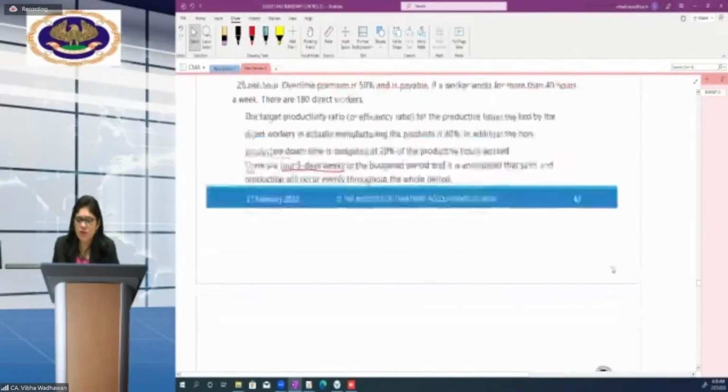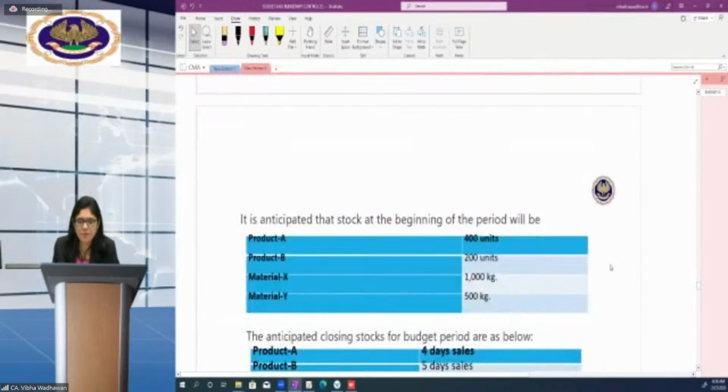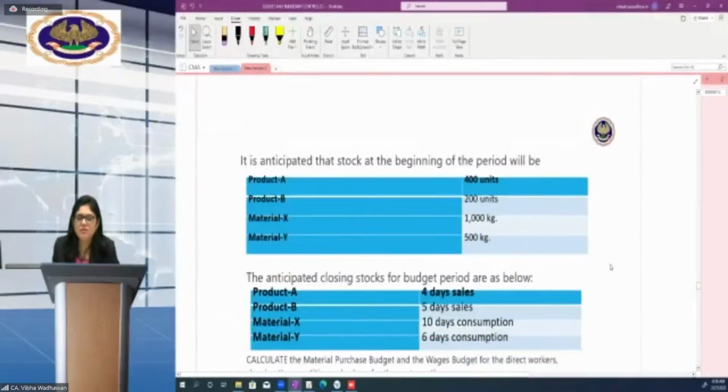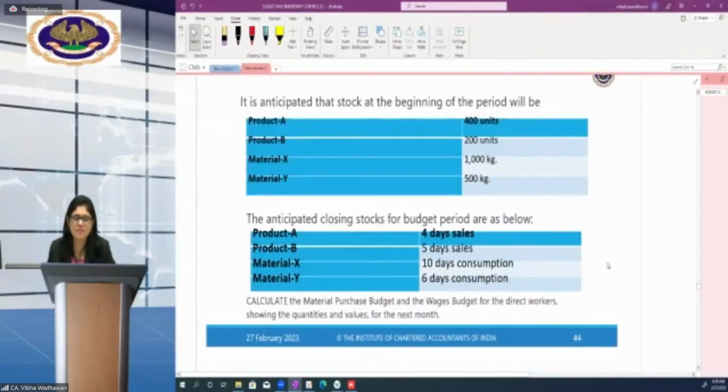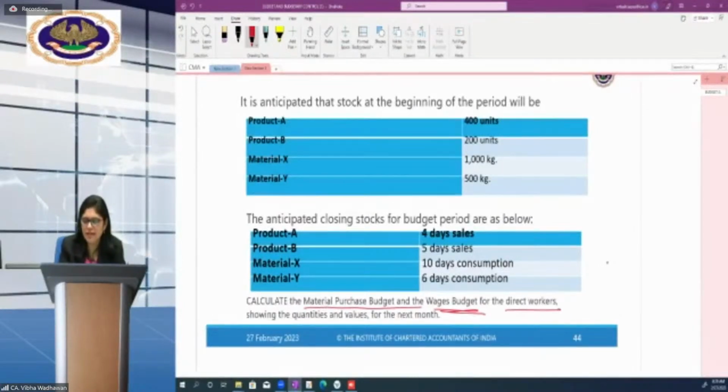Let us see what we are expected to calculate. Stock at the beginning also is given for product A and B. Product opening stock and material opening stock, product closing stock and material closing stock. We have to make the purchase budget and the wages budget for the direct workers, quantity and value, for the next month.